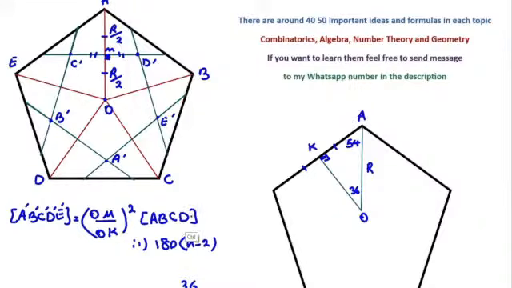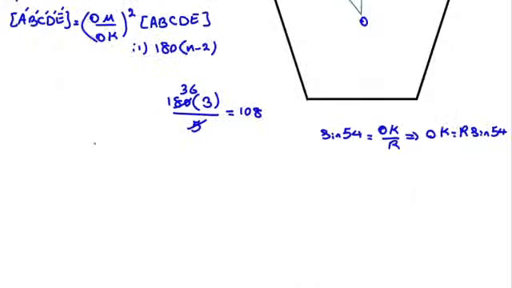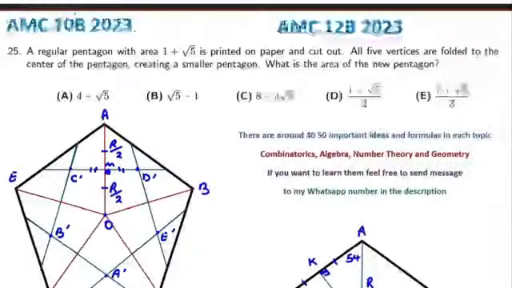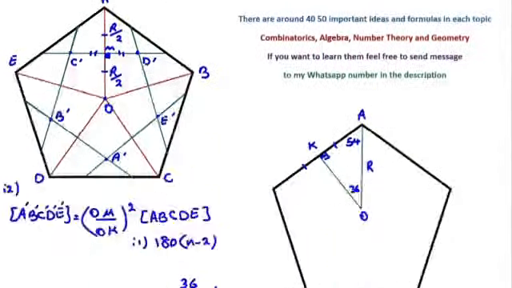It is the idea of similar figures. When you want to find area, it is the ratio squared. OM is R over 2. OK is R times sine 54. Whole squared times the area of ABCDE. Area of ABCDE is 1 plus root 5.